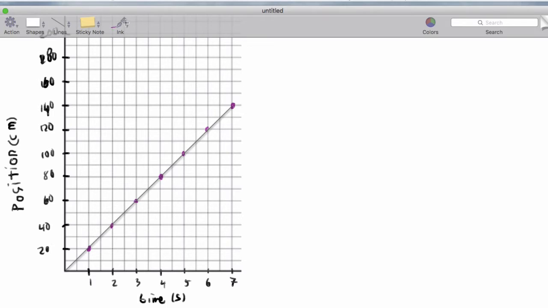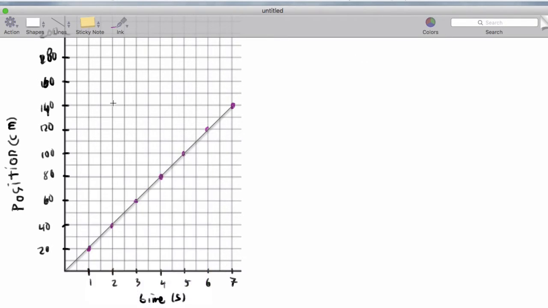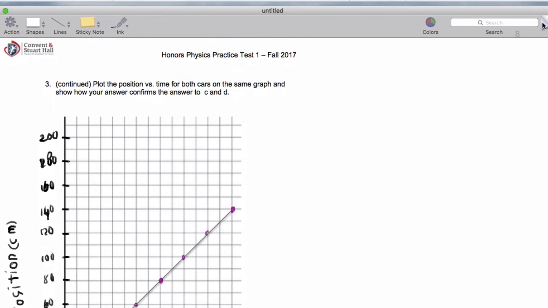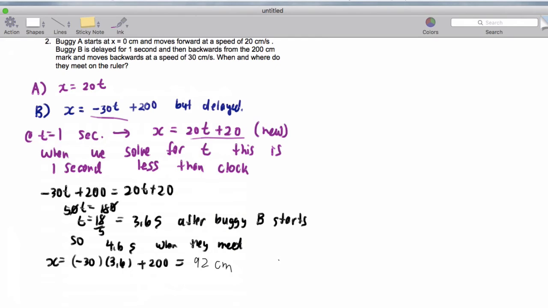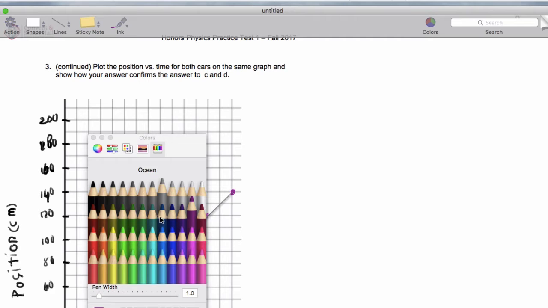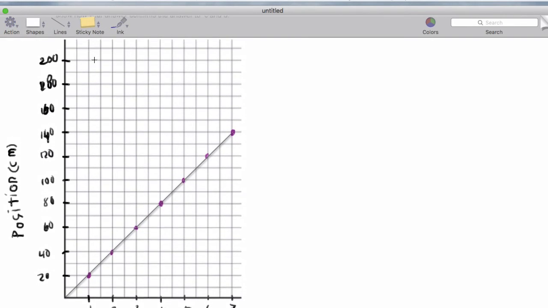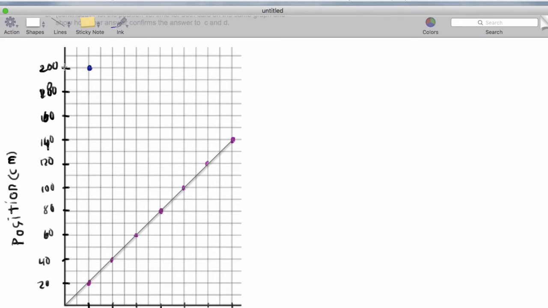Now let's get the other buggy graph plotted. It starts after a 1 second delay, negative 30t plus 200, so its plot looks like this.